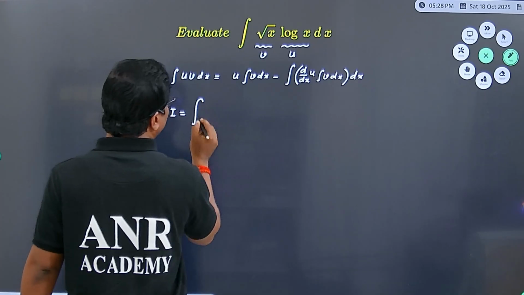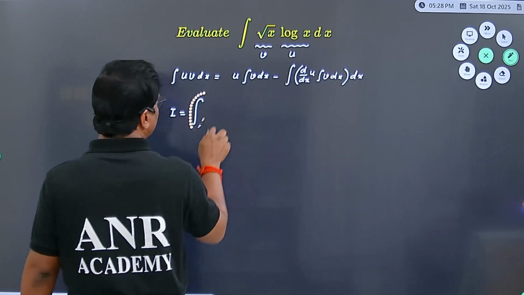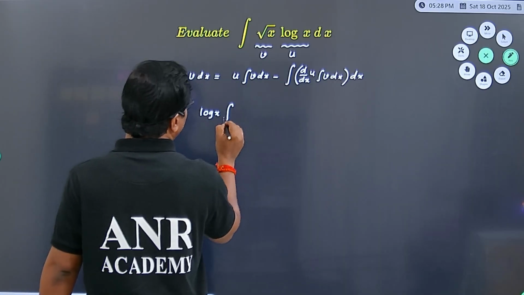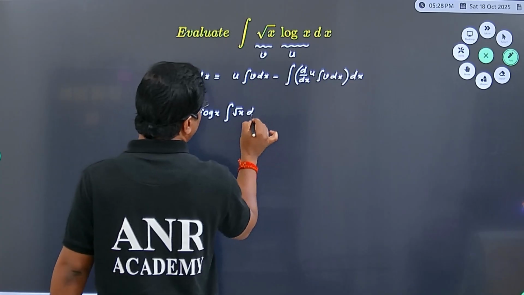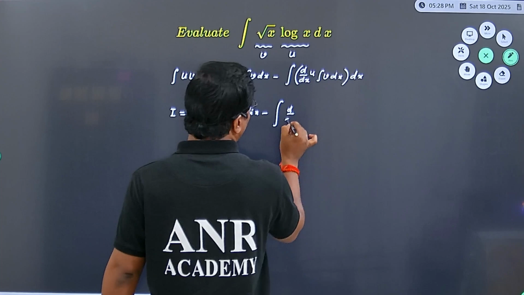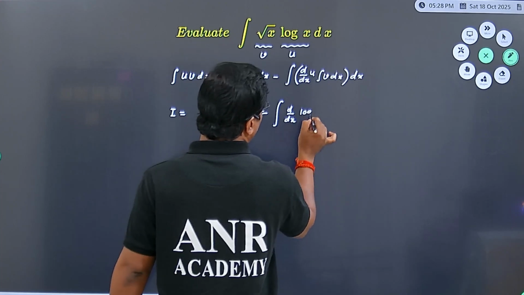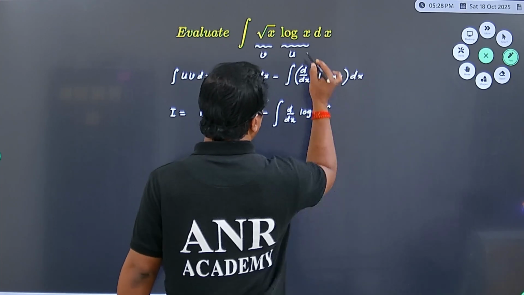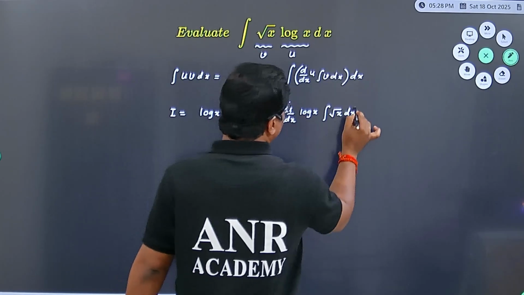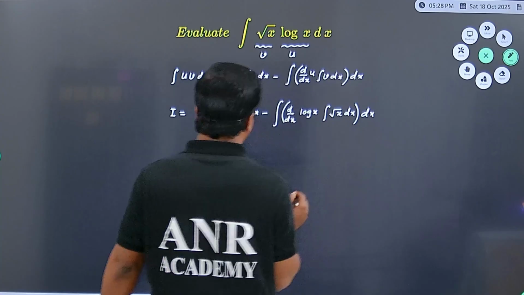I value becomes integral. U is here, first you have to write u is log x. Next integral v dx is integral root x dx minus integral d by dx of u, that is d by dx of log x. Next integral v dx, that is integral root x dx, and for which whole dx.